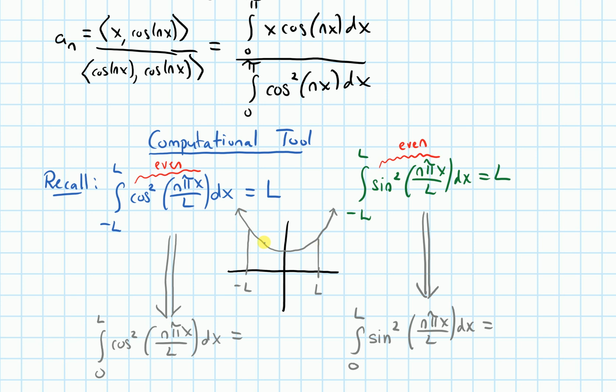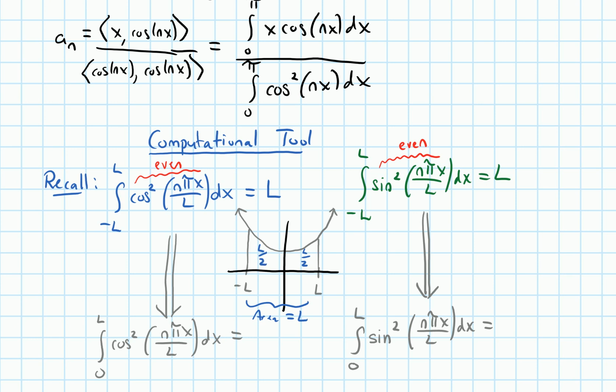Here's what an even graph looks like. So these integrals are L, which means this whole area should be equal to L. And because it's symmetric, each piece of this should have an area that's L over 2.